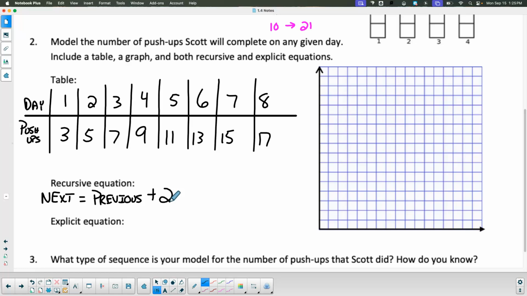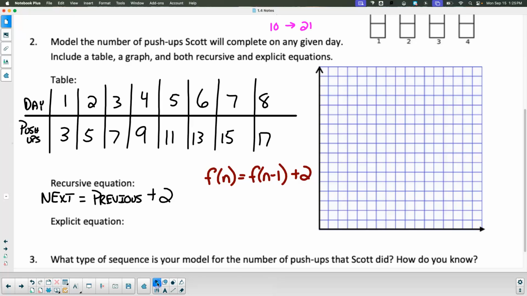Now, in function notation, that would be f of n, that's my next term, is going to be my previous term, f of n minus 1, plus 2. That would be how I would write it in recursive function notation.